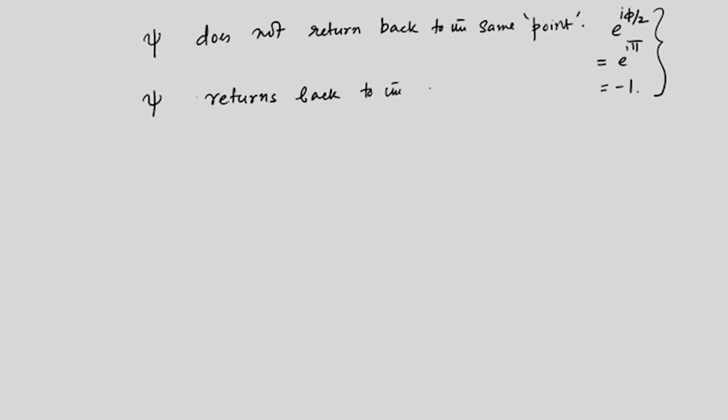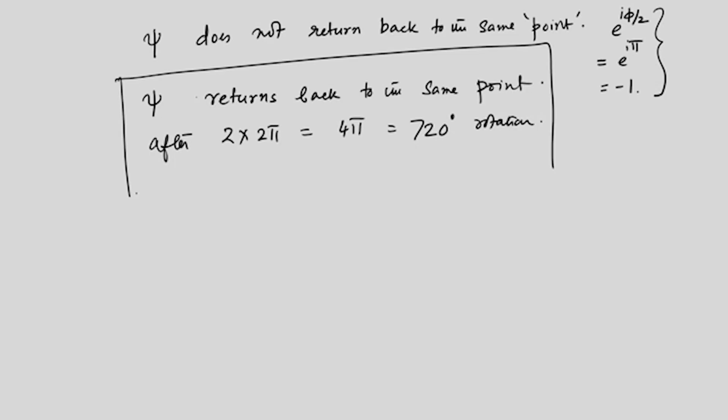So ψ returns back to the same point after 2 into 2π, which is 4π, which is nothing but a 720-degree rotation. I did something similar when we talked about the Möbius strips. It's equivalent to the ant, which had to go through 2 trips on the surface of the Möbius strip in order to come back to the same surface or the same point.